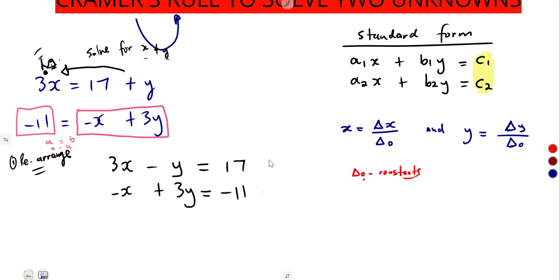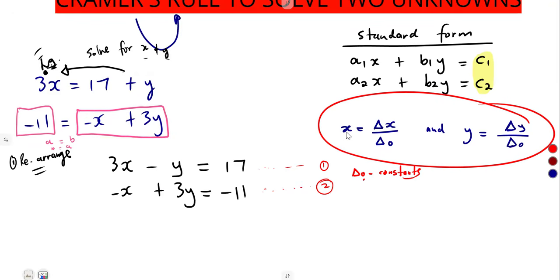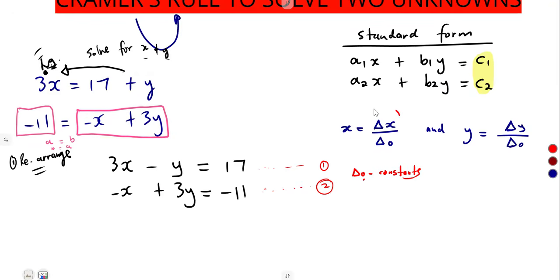Just like that. So these are the two equations that we have, equation 1 and equation 2, where we have x and y as our unknowns. So using the Cramer's rule, in order for us to solve for x and y, we are supposed to use this formula. And this formula is limited because we must have the determinant for x, determinant of y, and determinant of what?